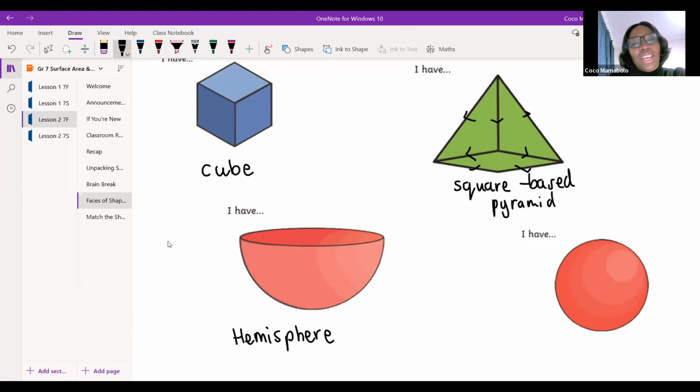Let's think about this. We need to find out how many faces a hemisphere has, how many vertices, and how many edges. Okay, how many faces do I have, guys? I don't think it's 1. Here's 1 of them, yes. Somebody said, ma'am, can you please scroll down so that I can write it down? Okay, in just a second.